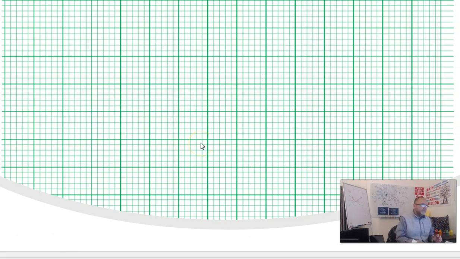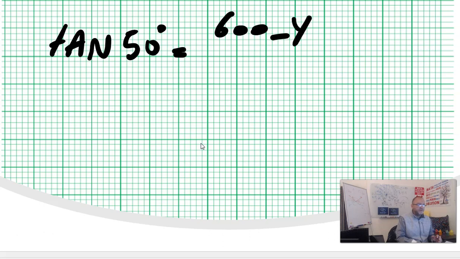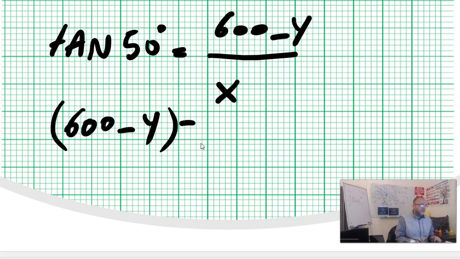Let's say tangent of 50, which I don't know. I know the tangent of 30, equals opposite 600 minus y divided by x. So if I am to go like this, I can multiply by x, and I can do 600 minus y equals x times tangent of 50 degrees, right?